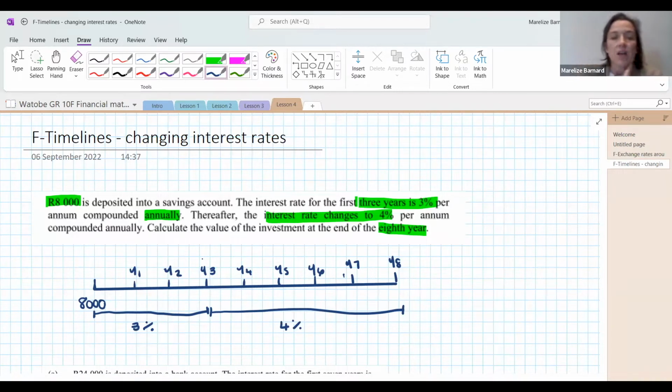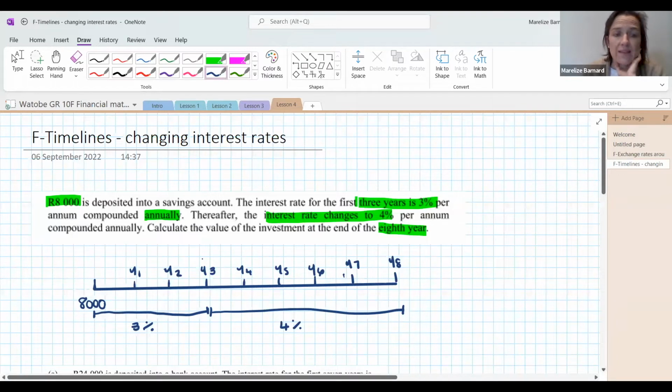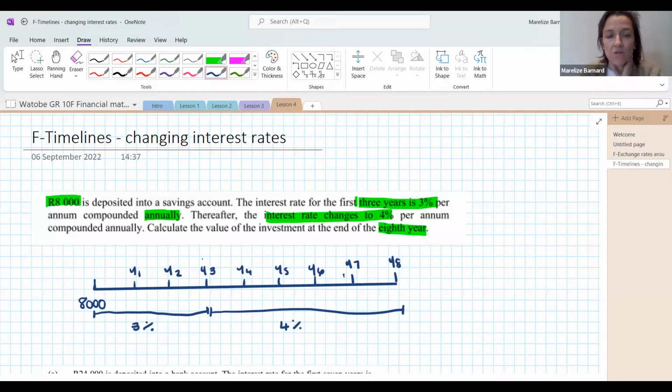Okay, so how we are going to do this is we're going to start off with the 8,000 and it's earning interest for the first 3 years of 3%. So we're going to calculate using our compound interest formula what the money is worth at this point here, year 3.